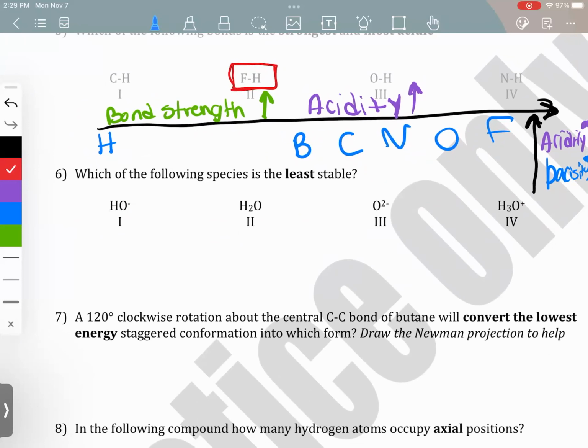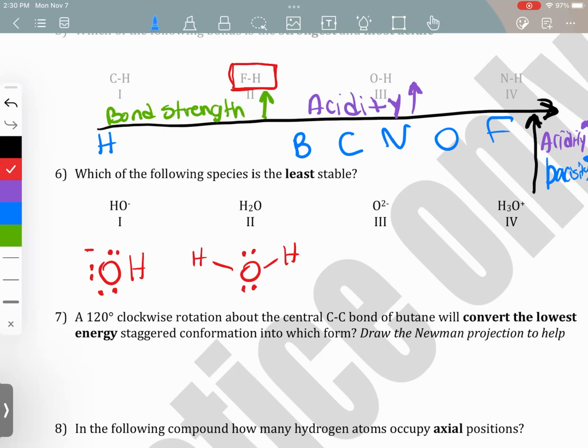All right. So 6. Which of the following species is the least stable? So you have OH minus, which is hydroxide. Water, H2O, has your oxygen with 2 lone pairs attached to 2 bonds.